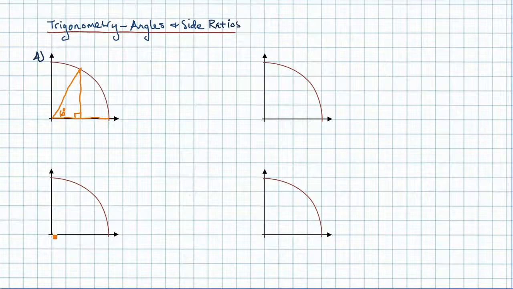So from 60 degrees now to 45 degrees. Drop our vertical down here. There's my right angle then, and this angle is going to be 45 degrees. Of course, you'll know that this is going to be 30 degrees because the angles of a triangle add up to 180 degrees. And this is going to be 45, just like this angle. So this, in fact, is going to be an isosceles triangle.